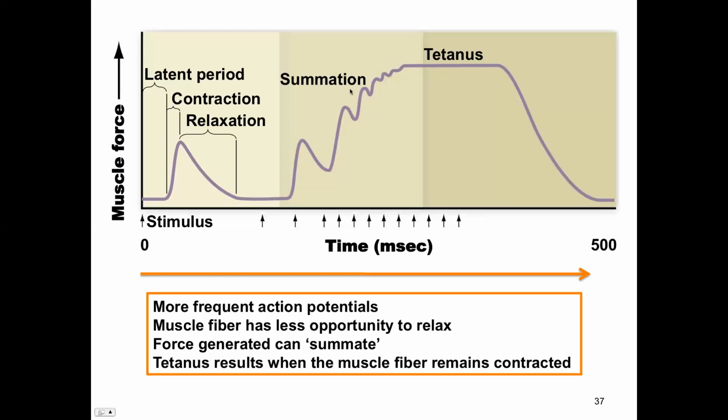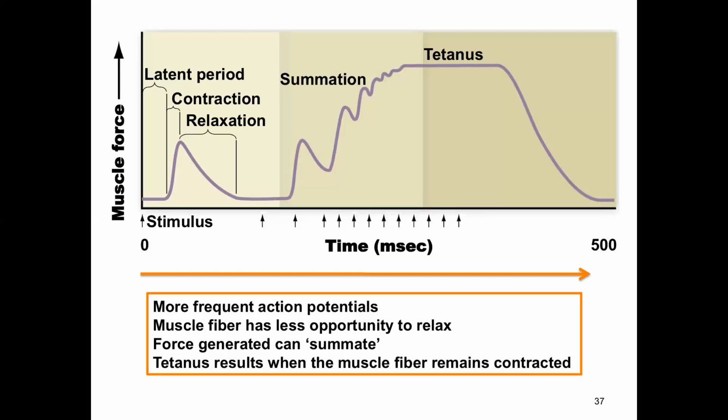The number of them will increase, the amount of time in between will decrease, and we'll get full-on tetanus, where the muscle fibers and the overall muscle force now remain at maximal strength, okay? So if we have tetanus, the muscle fiber is not given an opportunity to relax. So hopefully that makes a bit of sense, okay?